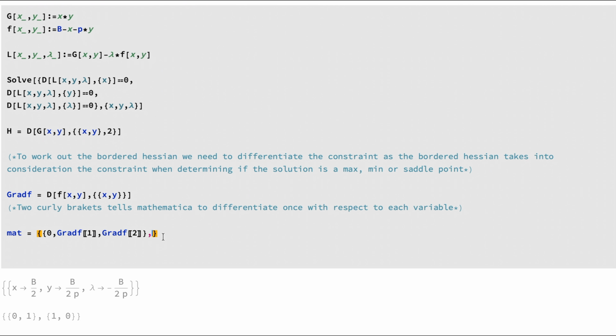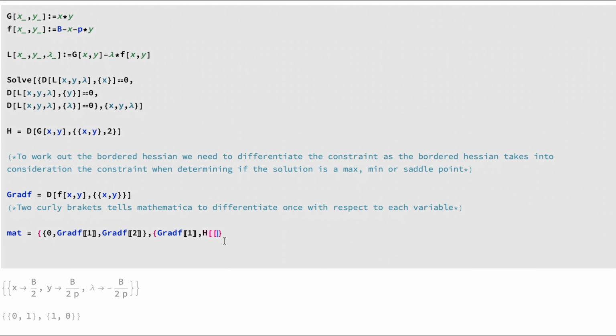Moving on to the second row. The second row would have grad f 1, and then it would have this 0 from the Hessian. In order to get that 0, we would have to write h, because h represents the Hessian in this piece of code. And we need to call this first list, and within this first list, we need to call the first thing.